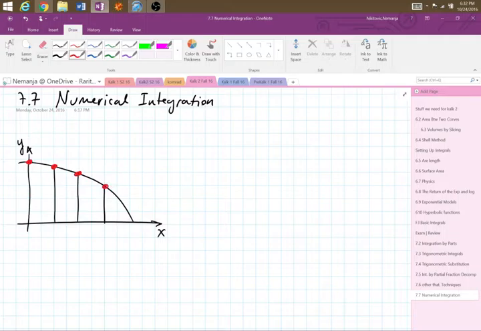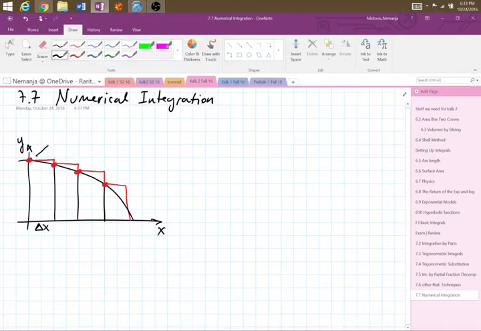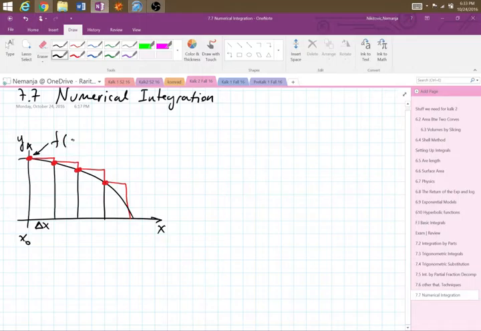You're using left corners to create these rectangles. Rectangles will have the width of delta x, and they will have the height of the function computed at the x value plugged into the function, right?